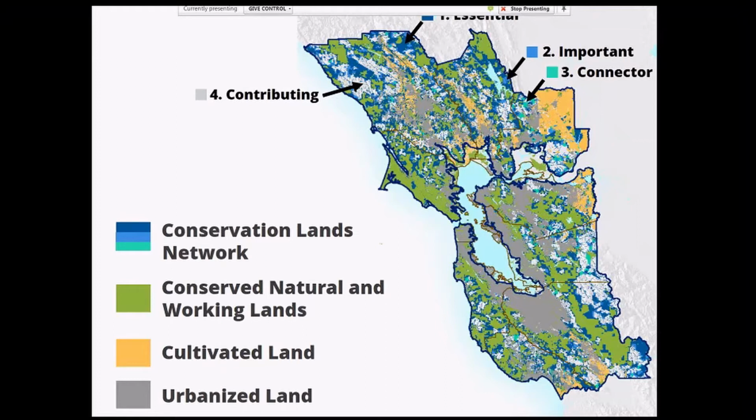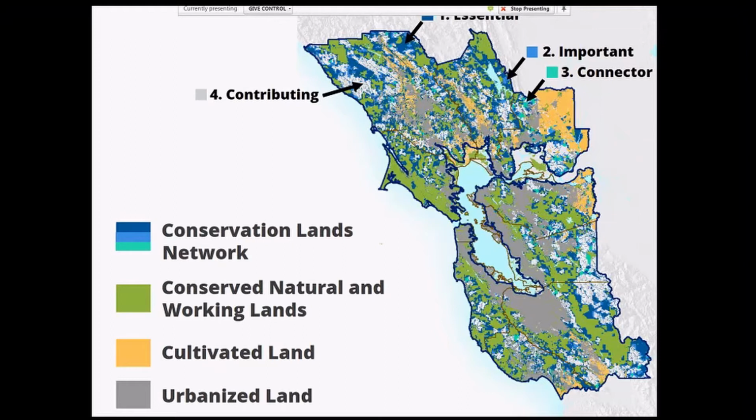They absolutely contribute to the goals. All of those areas have one or many conservation targets within them. But what we're really trying to do is push the question, if we were only able to conserve X amount, or in this case 2.5, where should those 2.5 million acres be?